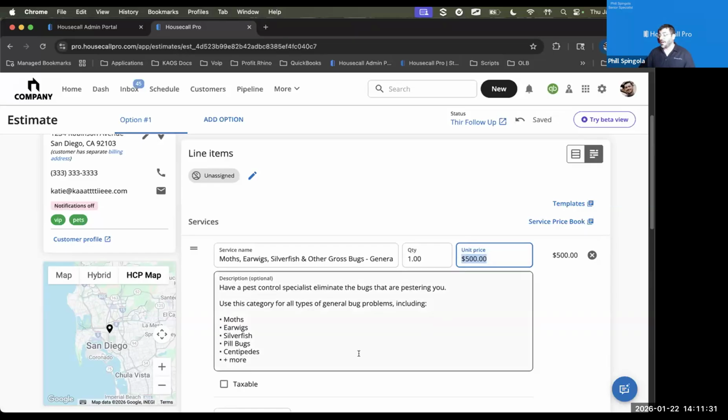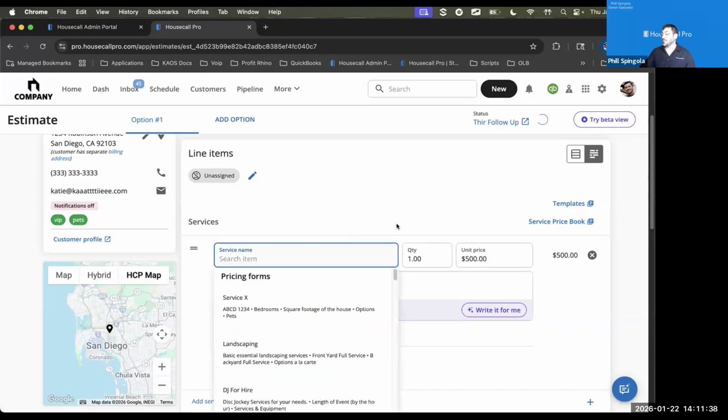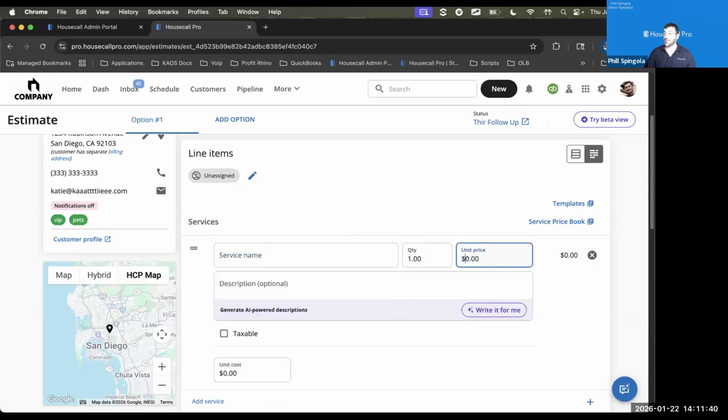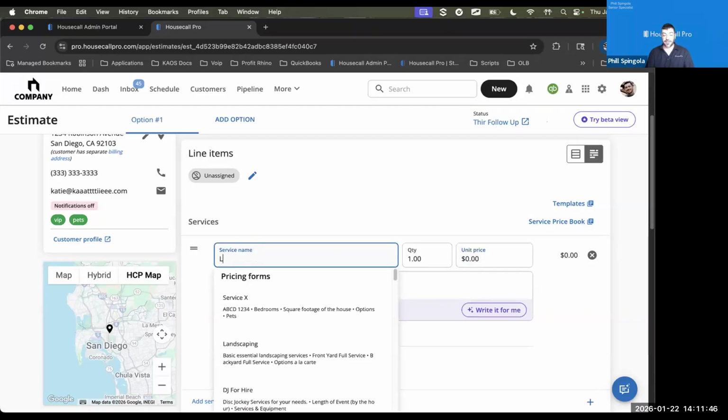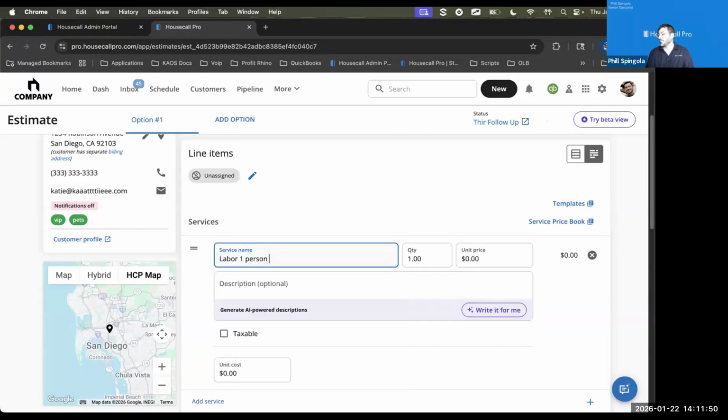Now, the other way that I was mentioning how I've seen people do it is with time and materials. If we use that same scenario of having pest control come on out, typically what I see more people do is they say, okay, that's going to be the labor of one person, and they're roughly, I'm going to say maybe $120 an hour, and they're going to be out there for 2 hours.